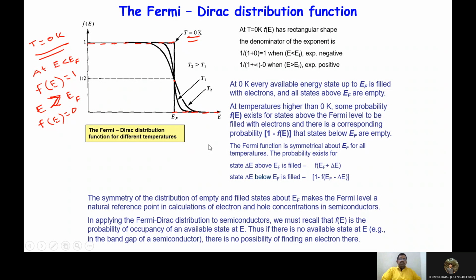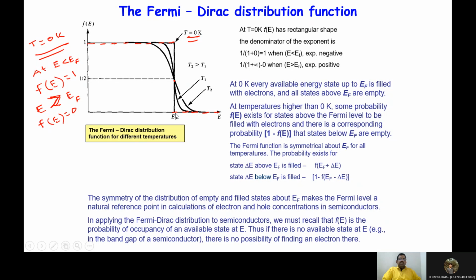Now, when I increase the temperature, the probability of finding an electron in the conduction band is more. Obviously, when I increase the temperature, more states are going to be filled. Let us say we talk about T equal to 1.